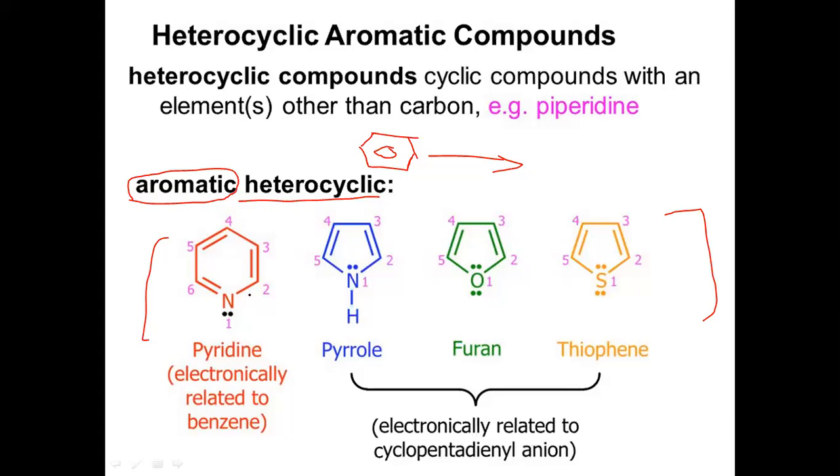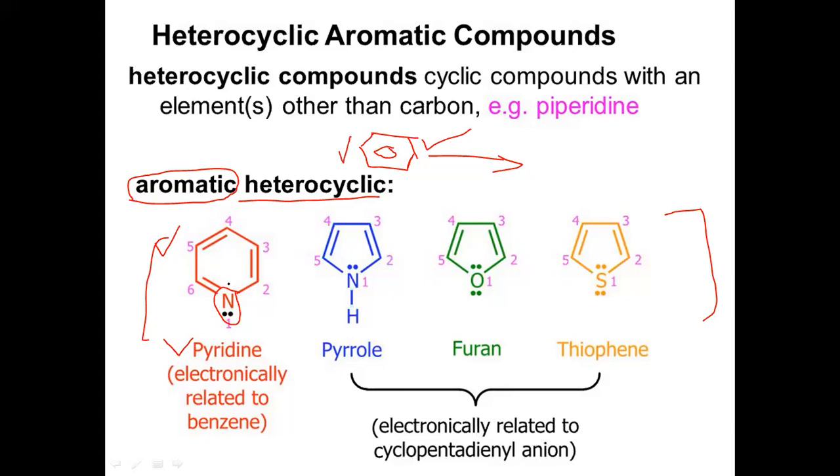In pyridine, we see here that a nitrogen is inserted between two carbons. One of the carbons from benzene is replaced by nitrogen, and that's why the structure is known as pyridine. This pyridine is also aromatic in nature like the benzene ring, because there is delocalization of the pi bonds.